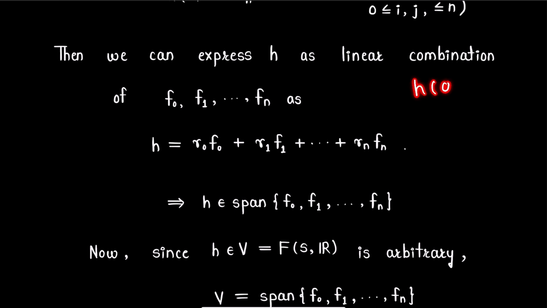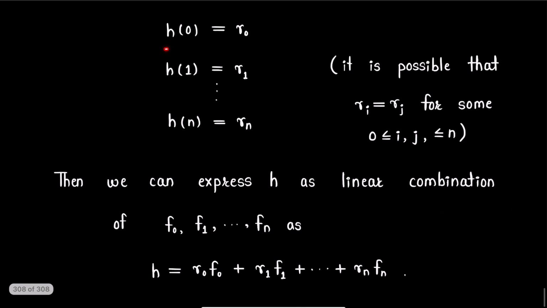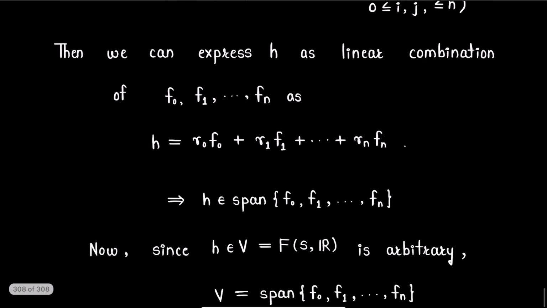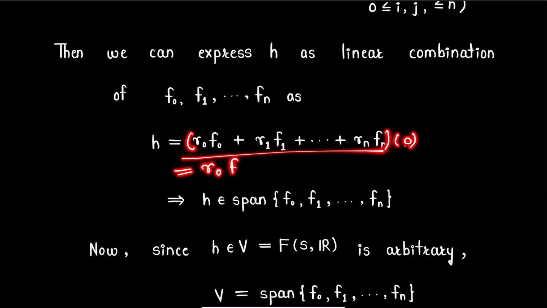So image of 0 under h is r0. Now image of 0 under this linear combination can be written as r0 of f0 of 0 plus r1 of f1 of 0 plus and so on plus rn of fn of 0.